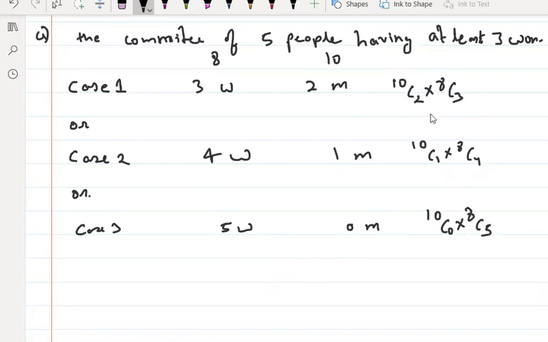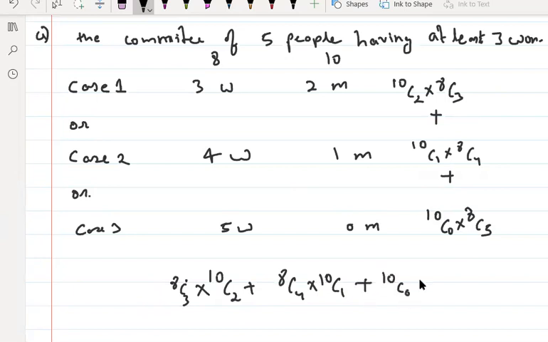And this is plus, plus. So the actual answer will be 8C3 into 10C2 plus 8C4 into 10C1 plus 10C0 into 8C5. This should be your correct answer.